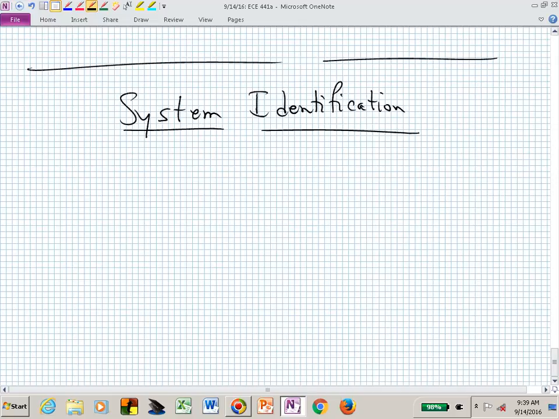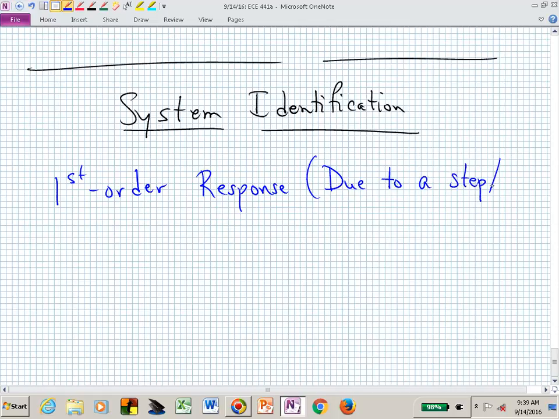If I said you had a first-order system and you applied a constant to that first-order system, what would its response look like in the time domain? So here I'm going to say first-order response due to a step or constant input.